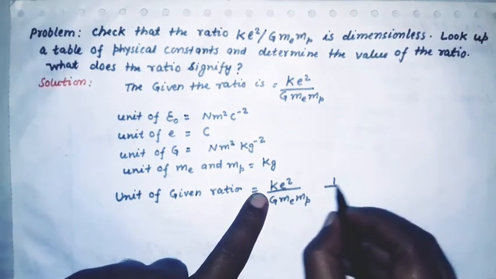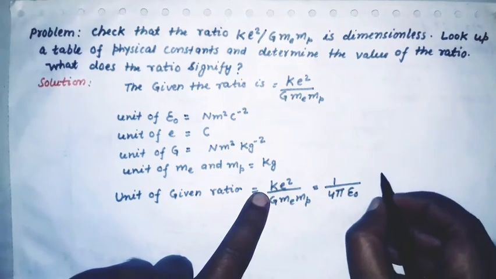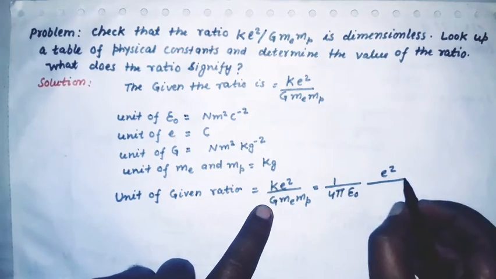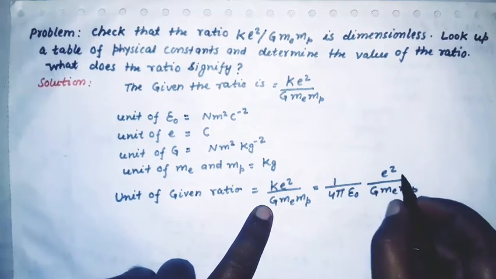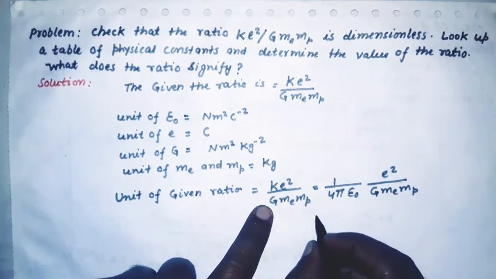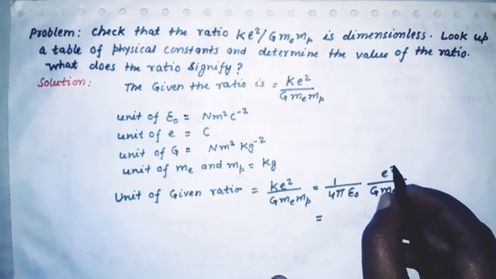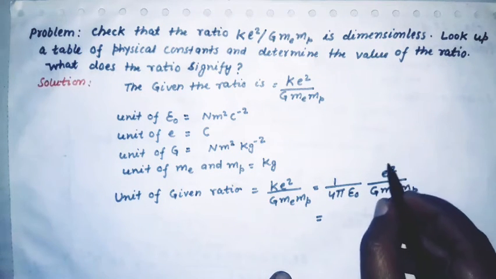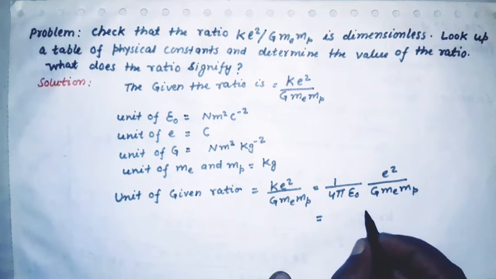Instead of k, we can write it as 1 upon 4 pi epsilon naught. e square divided by G me mp. So now put down easily the unit of all the given physical quantities. This is coulomb square.